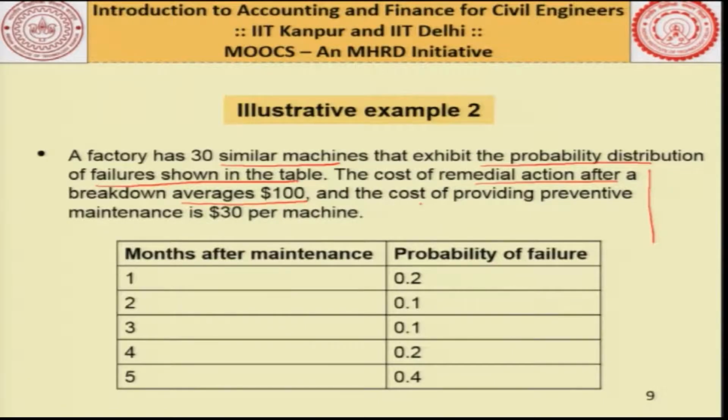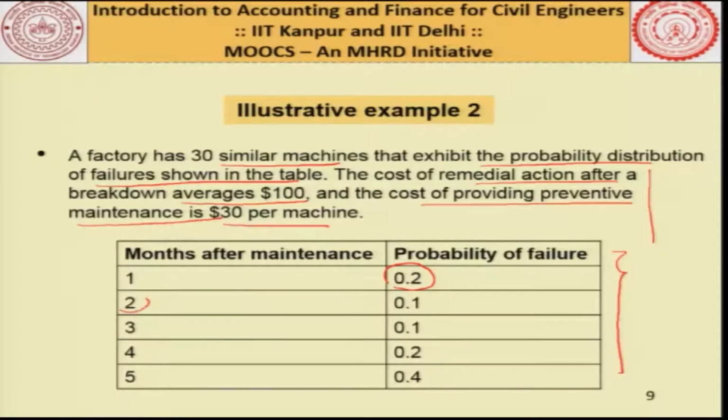And if you are doing the preventive maintenance, the cost is very low, it is only $30 per machine. Now, the organization has collected this data, and based on that data, they are saying there is a probability of failure of 0.2 that the equipment will break down 1 month after the maintenance.